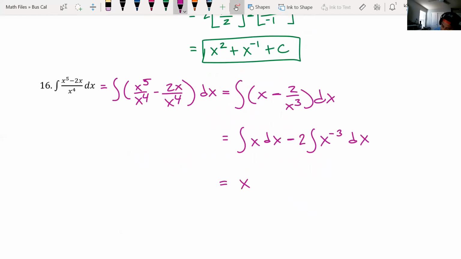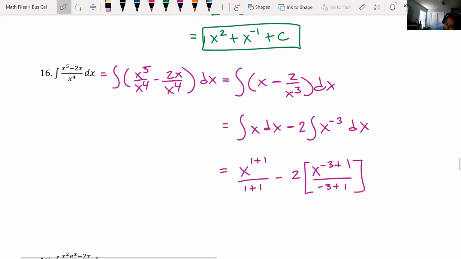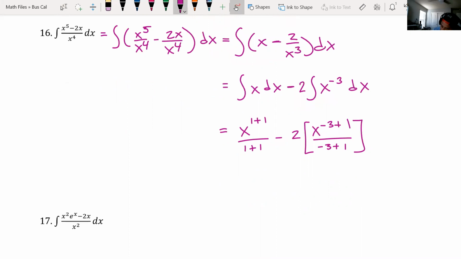For x, you'll get x to the 1 plus 1 over 1 plus 1, minus 2 times x to the negative 3 plus 1 over negative 3 plus 1. Here you'll get x squared over 2 minus 2 times x to the negative 2 over negative 2.